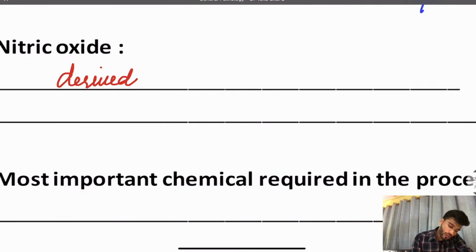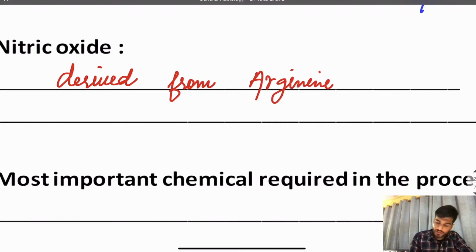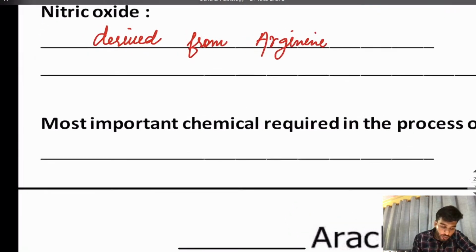Then nitric oxide, guys, it is derived from an amino acid, arginine. A very famous question, multiple times asked. That is the mechanism of action of nitrates: by releasing nitric oxide derived from arginine.